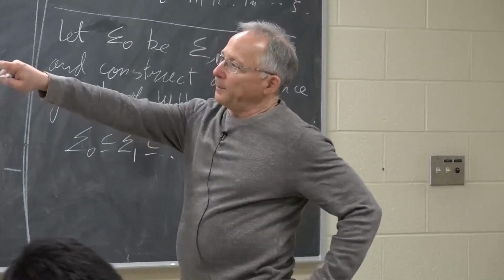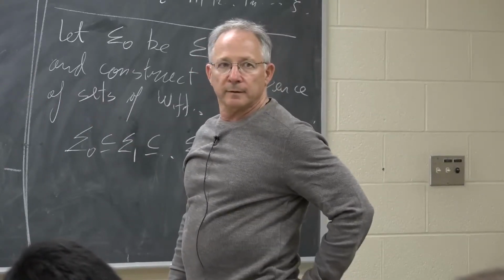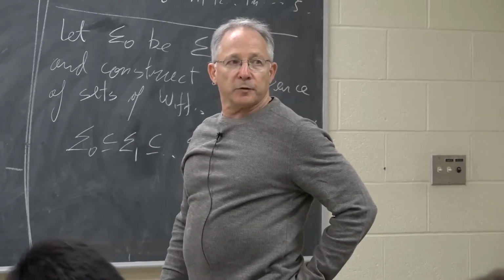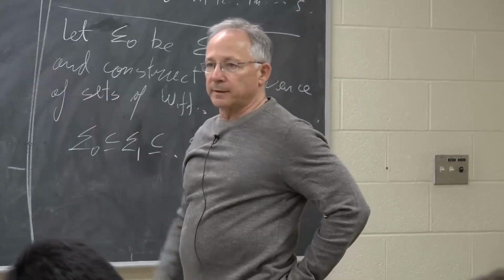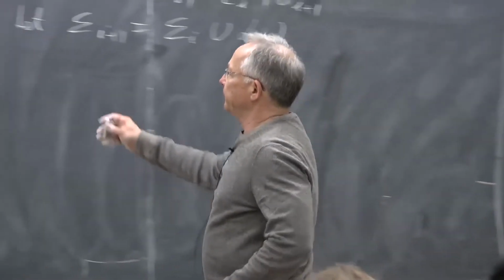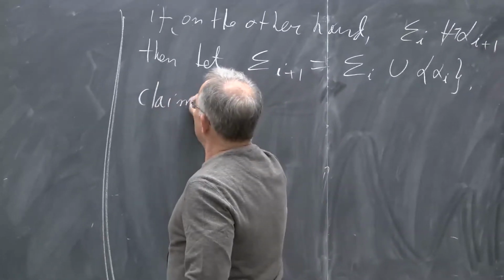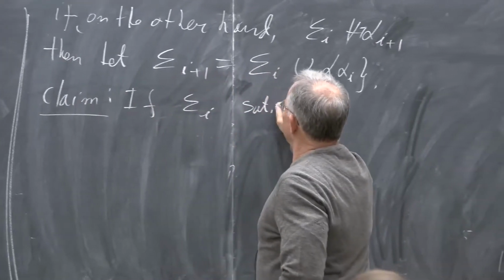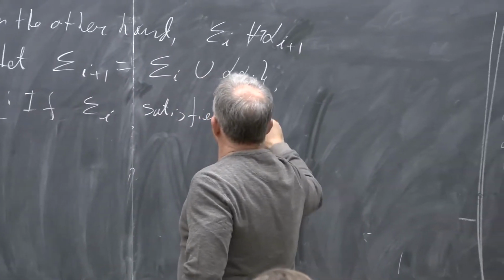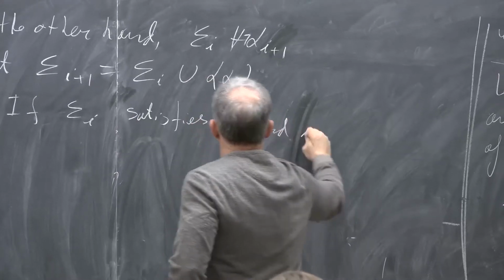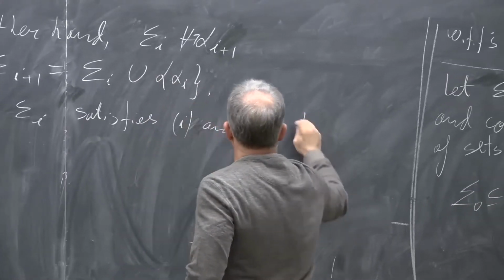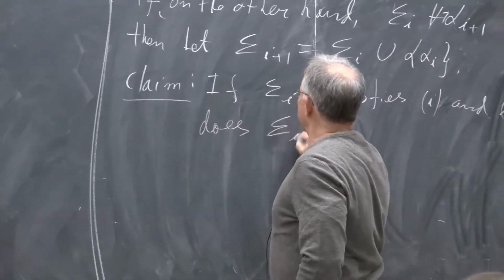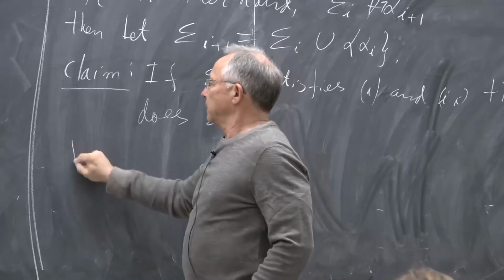Now I need to show that sigma I plus 1 satisfies both requirements. So which requirement now is easy? It follows from my definition. My claim is, again, that if sigma I satisfies 1 and 2, then so does sigma I plus 1. Proof of claim.